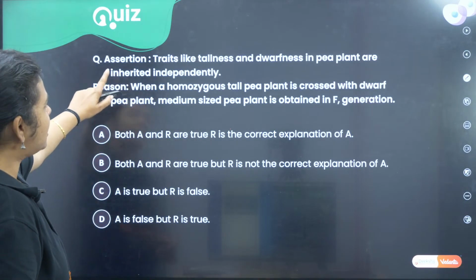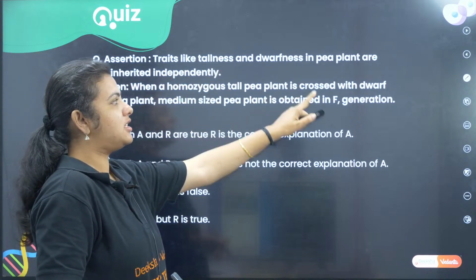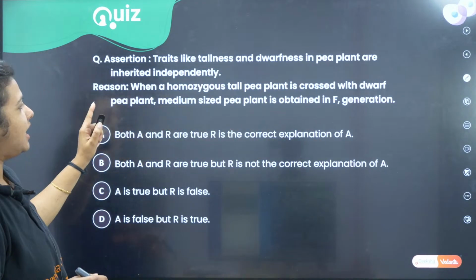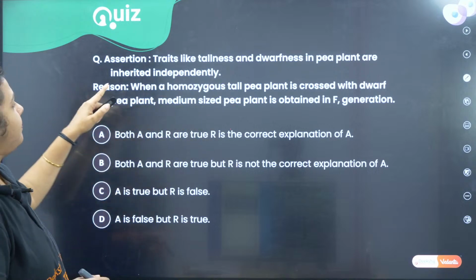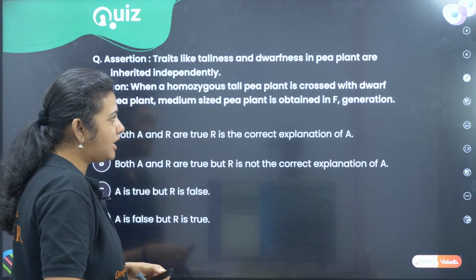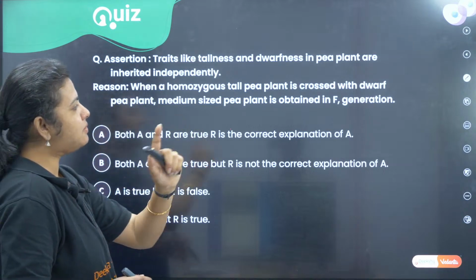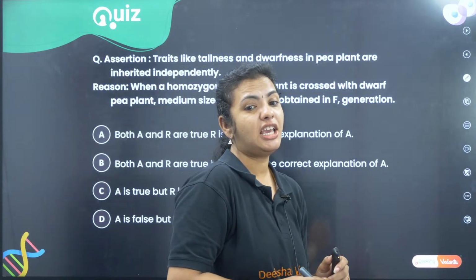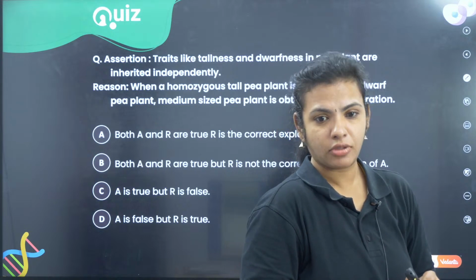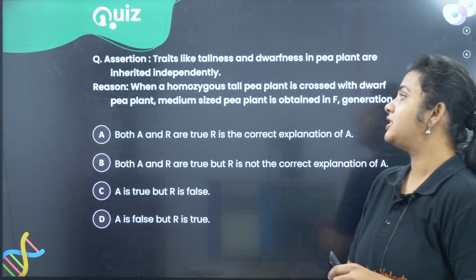Alright. So, assertion says traits like tallness and dwarfness in pea plant are inherited independently. Reason says when a homozygous tall plant is crossed with a dwarf pea plant, medium-sized pea plant is obtained in the F1 generation. Okay. So, look at the assertion.